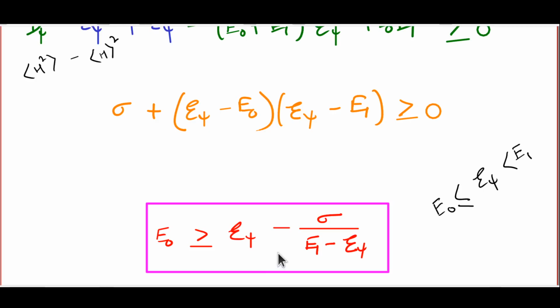Of course, it may seem a bit difficult to use because the lower bound actually depends on the value of E1. And as we will see, that will produce some technical hurdles in actually using this. But we will be able to figure out pretty nice tight lower bounds using this, as our next calculation will show.